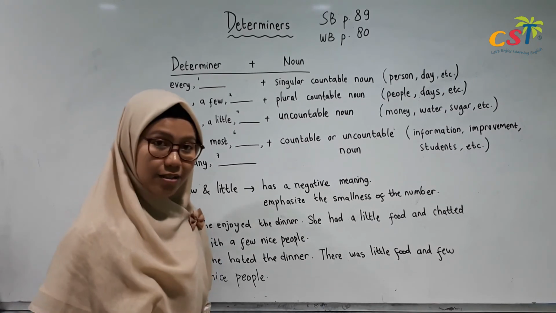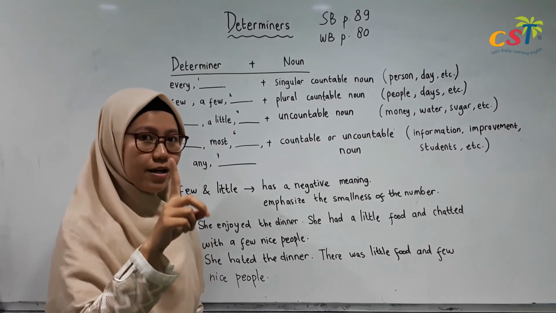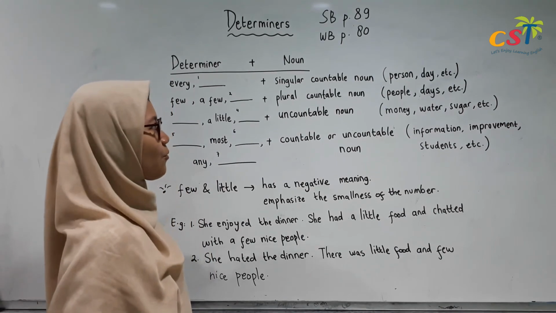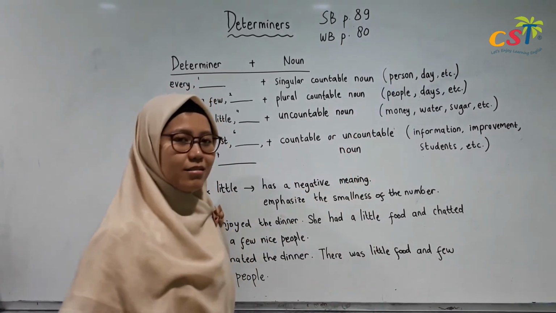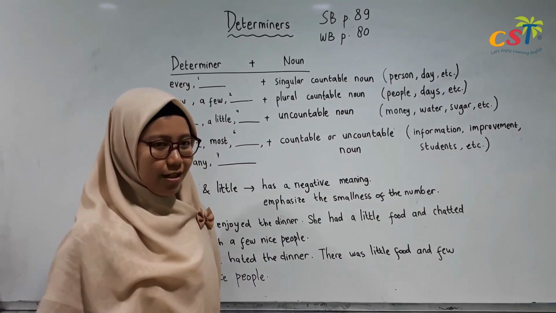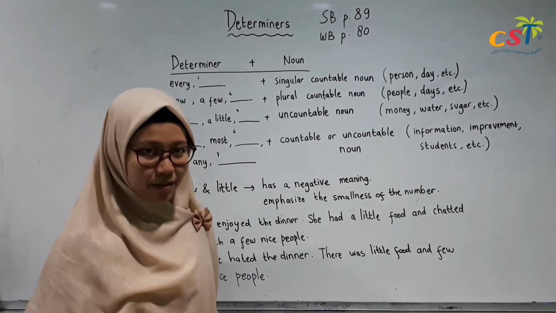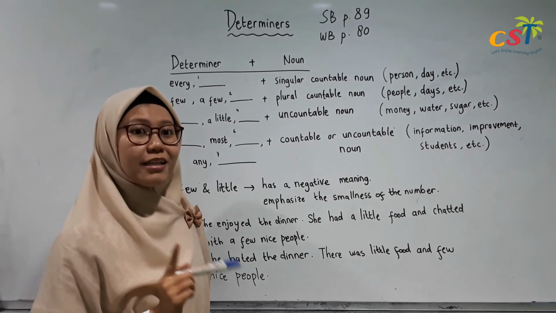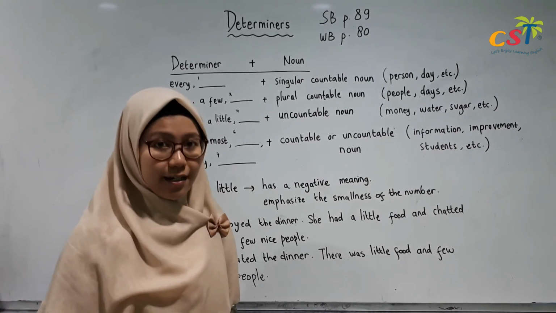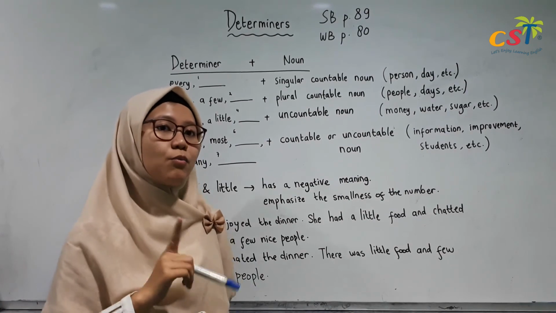If singular, it means it's one, right? Only one. For example, person, day, glass, table, chair, book. But remember, it must be countable. You can count it and the amount is only one.